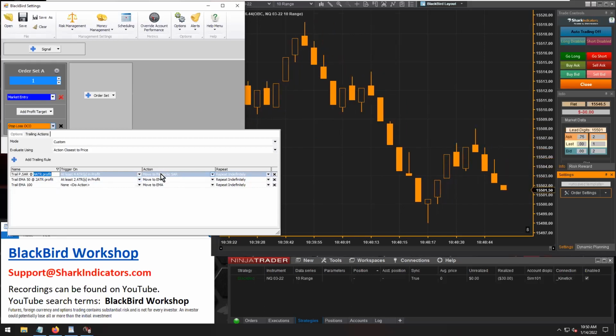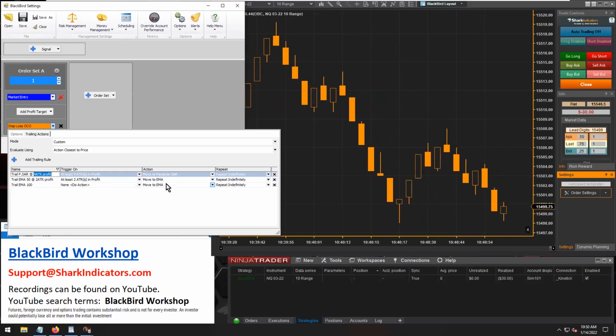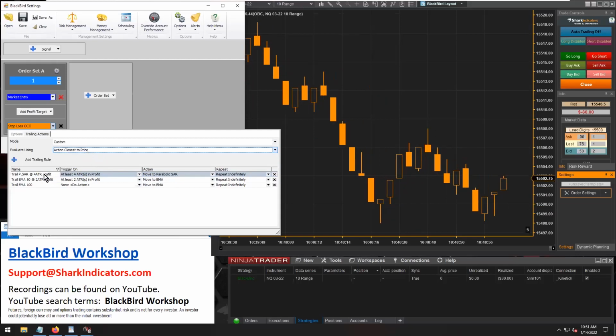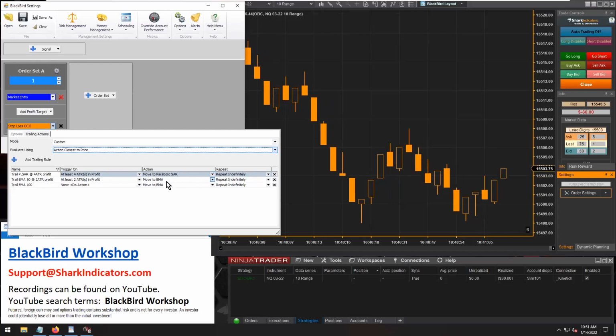It's going to look at the actions and calculate which one would bring the stop loss closest to the market price. Based on these actions, the Parabolic SAR is probably always going to be closer to the market price than the EMA 50 or the EMA 100.